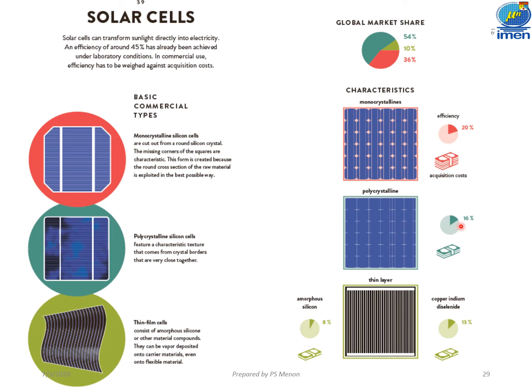Polycrystalline efficiency is 16%, slightly cheaper than monocrystalline solar cells. And last but not least, thin layer, or flexible solar cells, the efficiency is 13% for copper indium diselenide, CIS, and for amorphous silicon it is 8%. So it's very much cheaper compared to monocrystalline and polycrystalline solar cells.